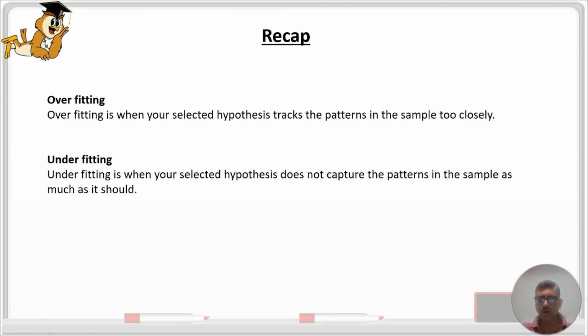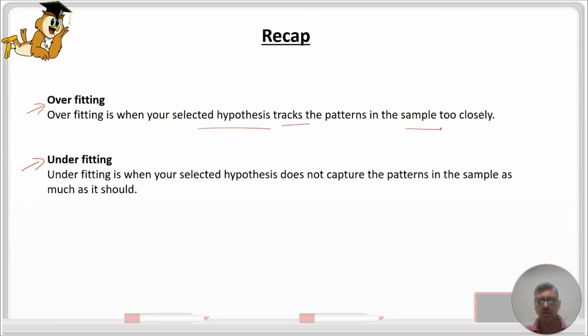Okay, a quick recap of some terminology that we had run into a few lectures ago: overfitting and underfitting. The ideas of overfitting and underfitting are closely related to bias and variance, and that's why I'm bringing them up right now. So overfitting is when your selected hypothesis tracks the patterns in the sample too closely.